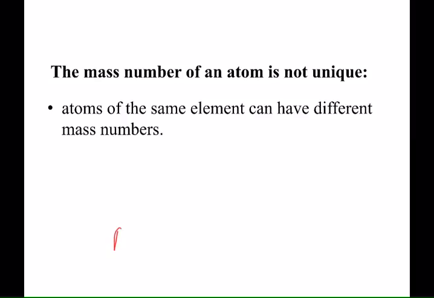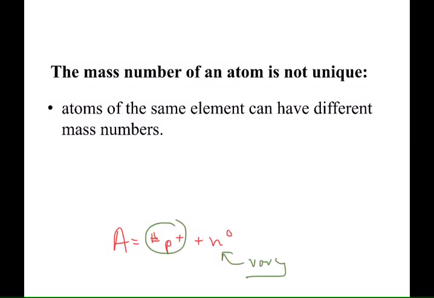Mass number, which is A, seems like it should be Z, but mass number is A. It's the number of protons plus the number of neutrons. So if this has to stay the same, guess what can vary? The number of neutrons, exactly. And in a minute I'm going to talk about how, as it varies, that gives you what we call isotopes.